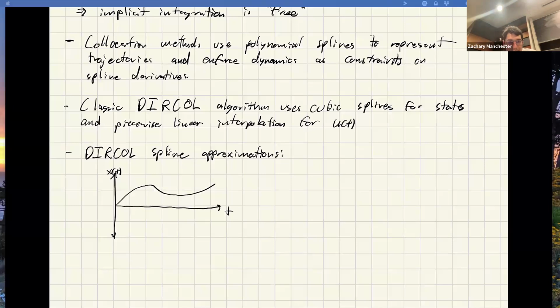And so what I'm going to have here, let's say I've got some time step. We'll draw a couple knot points. Let's say these are 2 time steps, and this is tk, and this is tk plus 1. These guys, the states at tk and tk plus 1, these are called knot points.